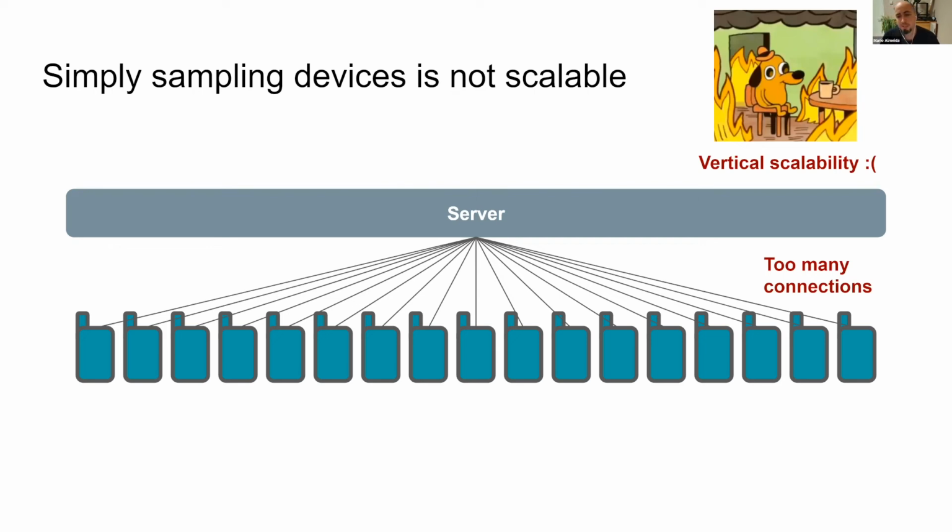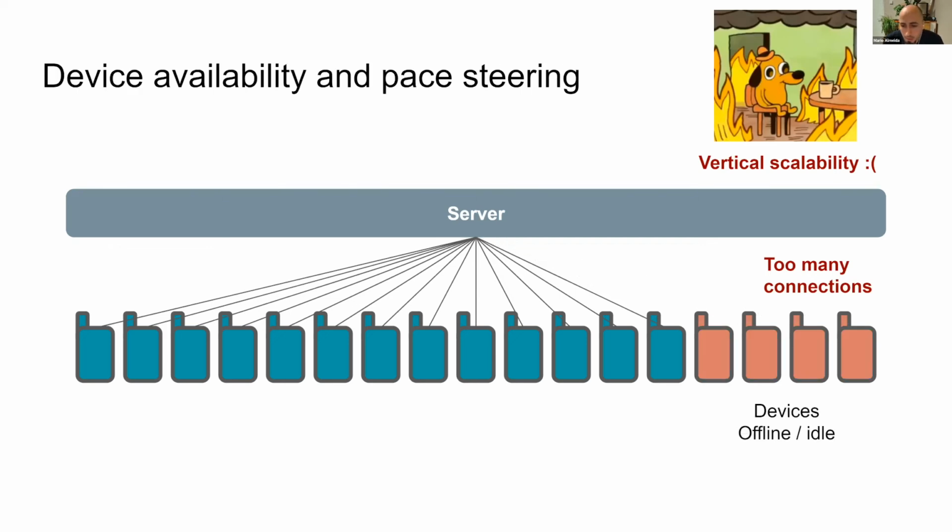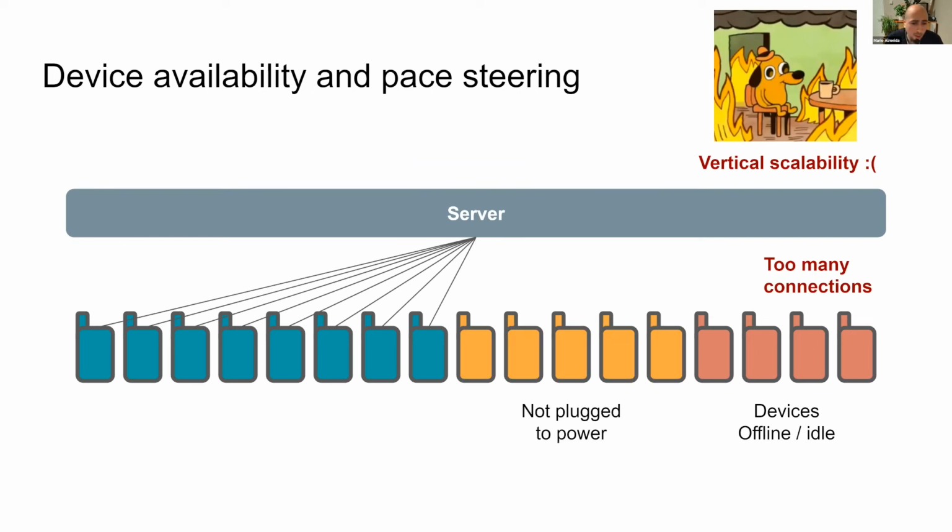Fortunately, as we've discussed before as well, not all of these devices will connect at the same time, right? Some of these devices might be offline, they might be idle because the phone screen went off. You can also have policies to further reduce the number of devices that connect to your server. For example, you might decide that you don't want to waste power or reduce the battery lifetime on the user's devices. Thus, you only allow devices that are connected to power to initiate communication to the server and participate in the sampling rounds.